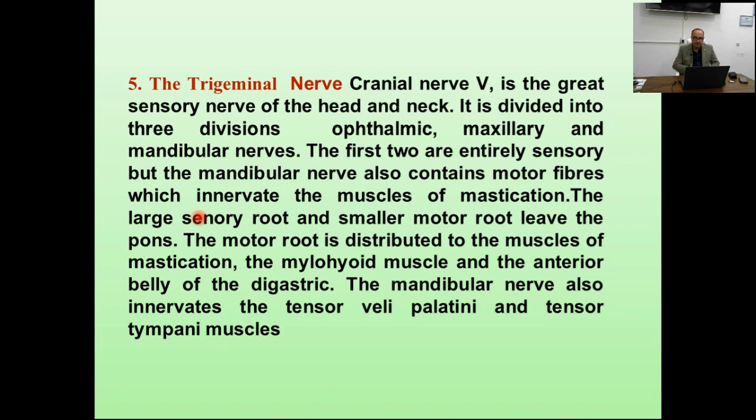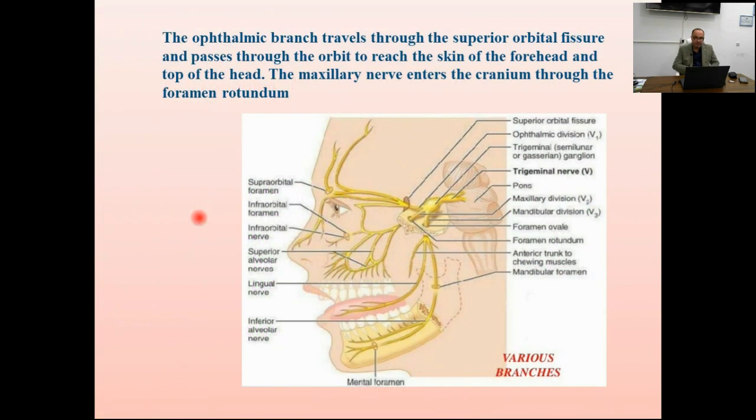The motor root is distributed to the muscles of mastication, the mylohyoid muscle, and the anterior belly of digastric. The mandibular nerve also innervates the tensor veli palatini and tensor tympani muscles. The ophthalmic branch travels through the superior orbital fissure and passes through the orbit to reach the skin of the forehead and the top of the head, and the maxillary nerve enters the cranium through the foramen rotundum.